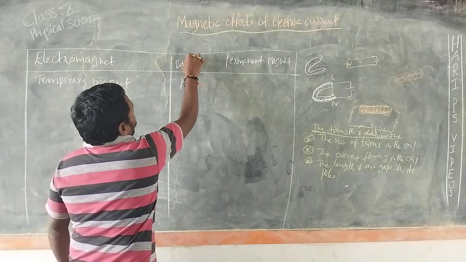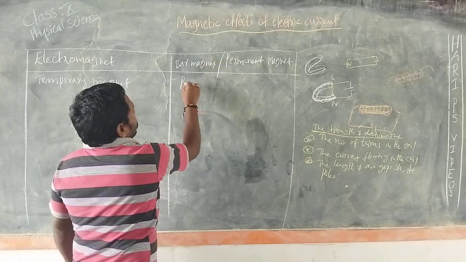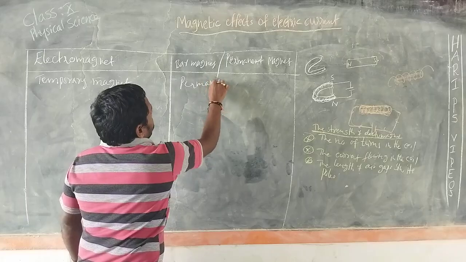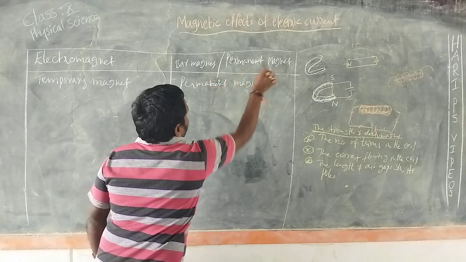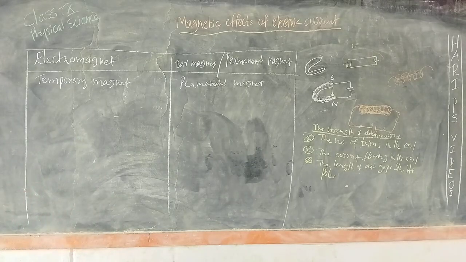Here we have the bar magnet. It is a permanent magnet. In an electromagnet, the magnetism is only for the duration of current passing through it.